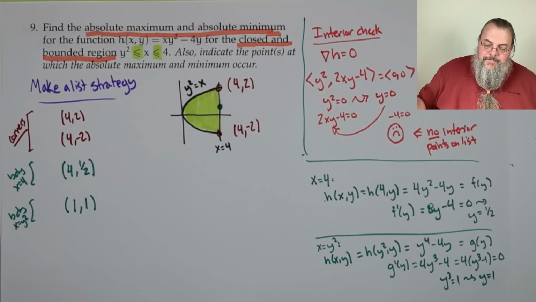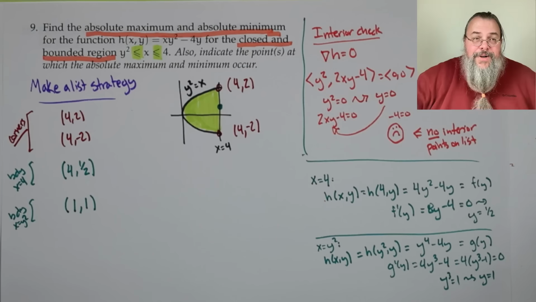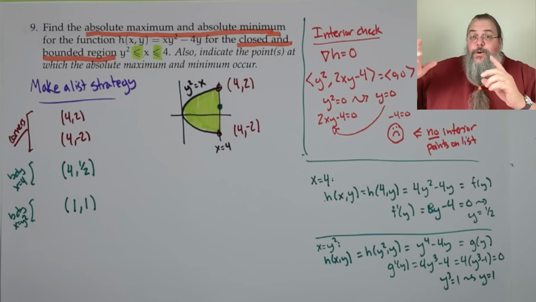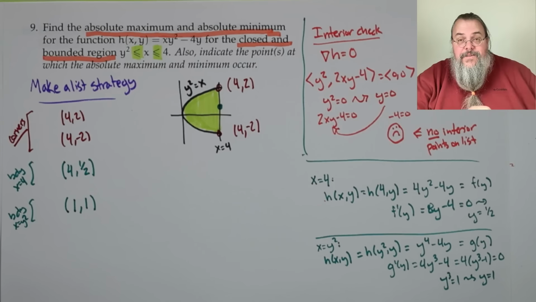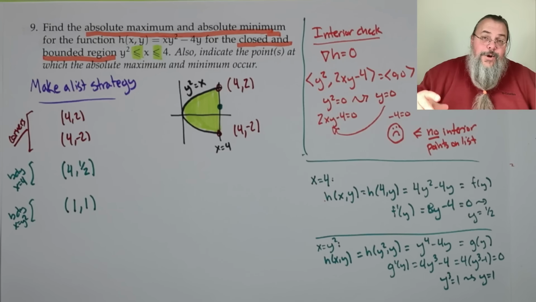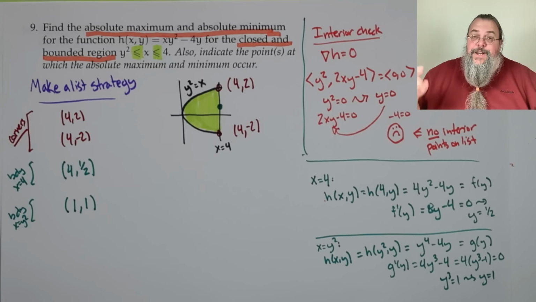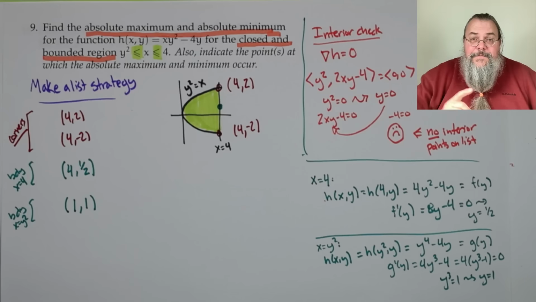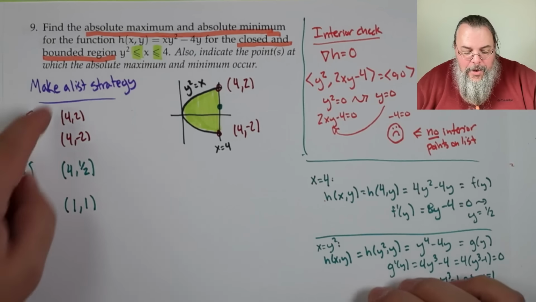All right, so remember, we are in our make a list. So there's the song. We're making a list, checking it twice, gonna find out which points are nice. Absolute max and min are found. We've made our list.